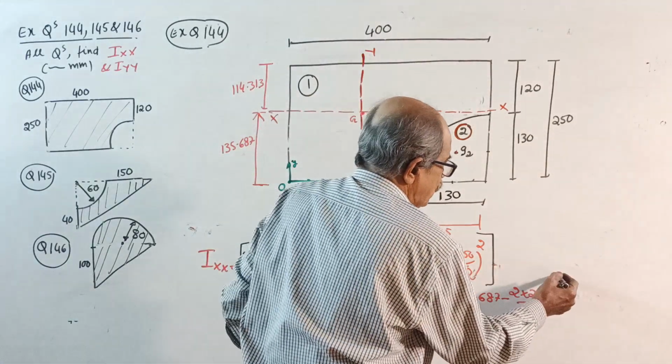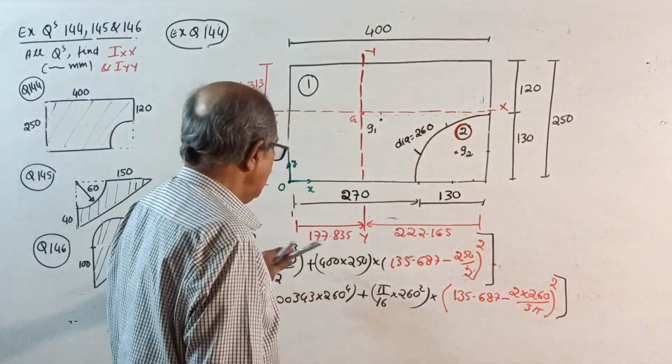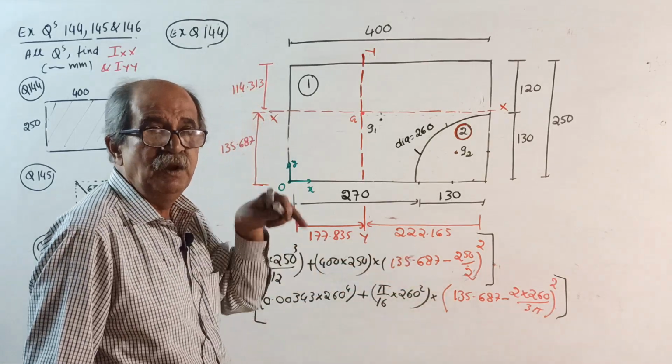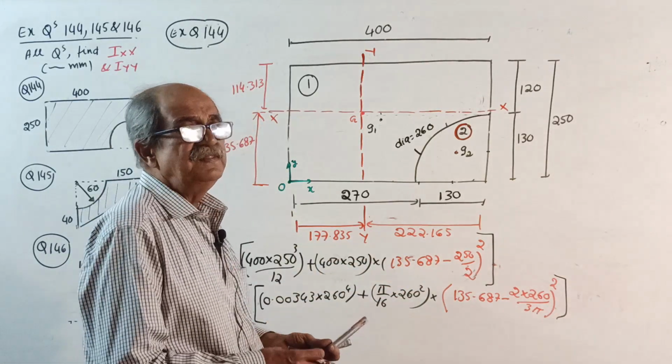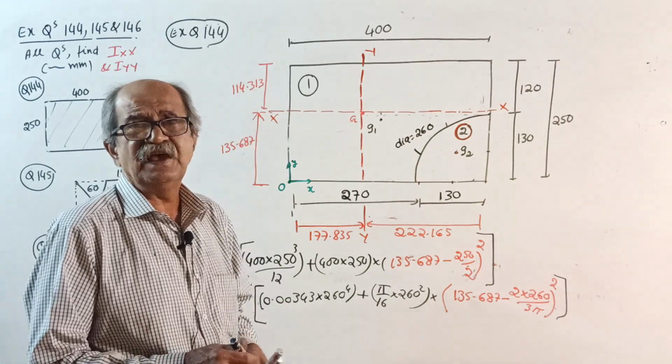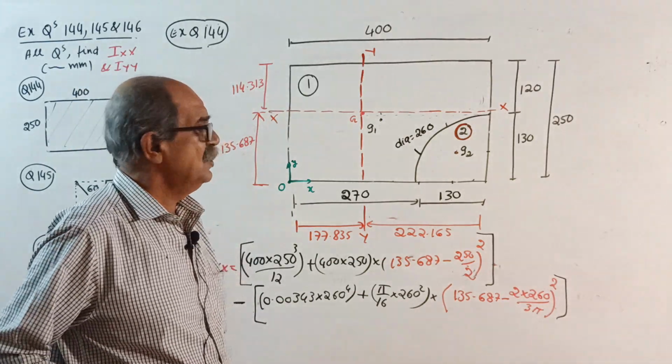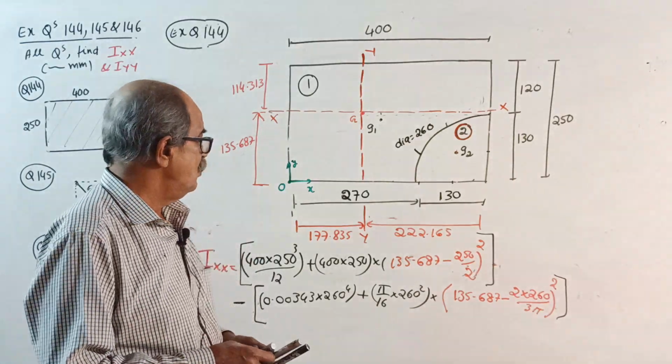Or you can do one thing: write Ixx power 1, write the expression, below write Ixx power 2, then write Ixx equal to Ixx power 1 minus Ixx power 2. Okay. I about xx over.